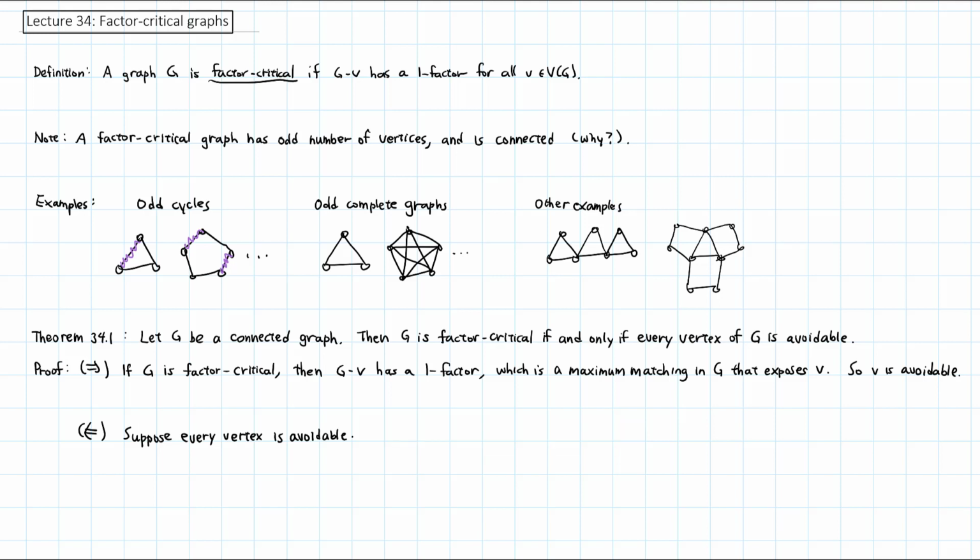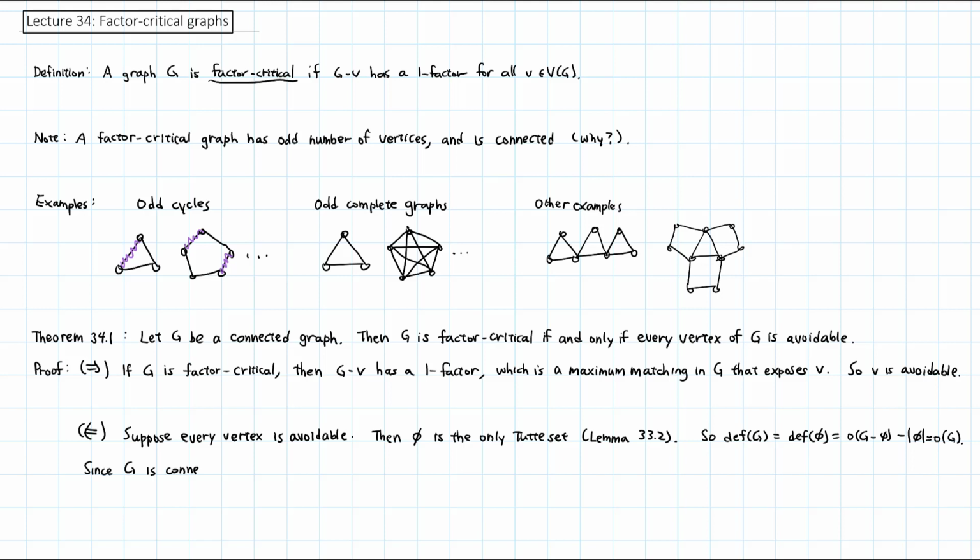We have a result that says that Tutte sets have essential vertices, but no vertex is essential, so the empty set is the only Tutte set. So then, the deficiency of the graph G is equal to the deficiency of the empty set, which is just equal to the number of odd components of G.